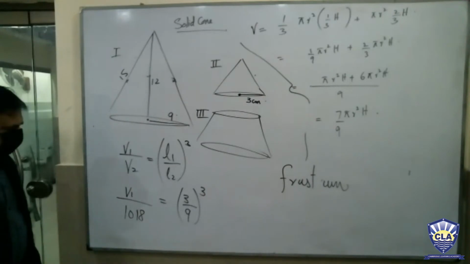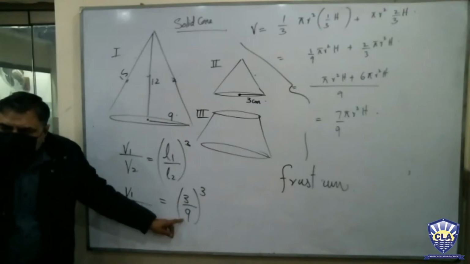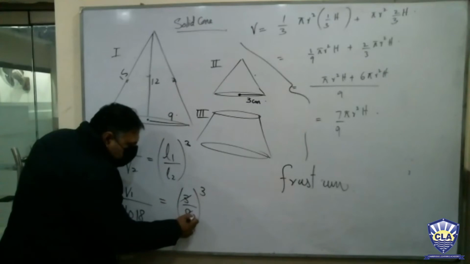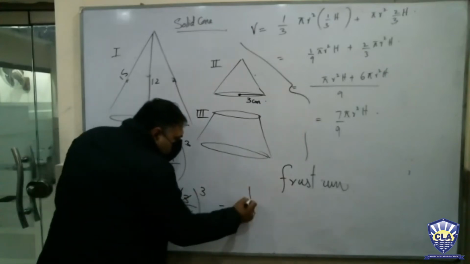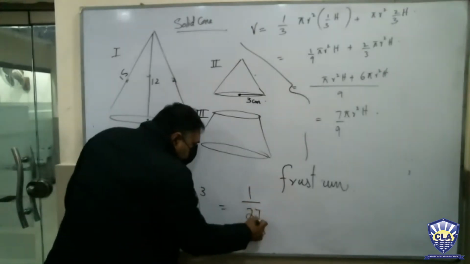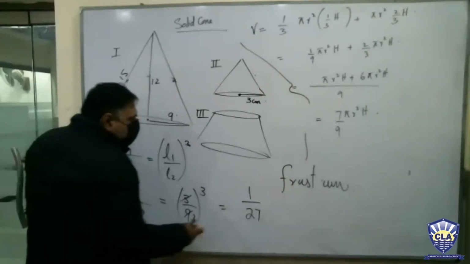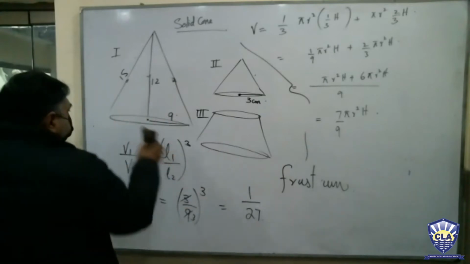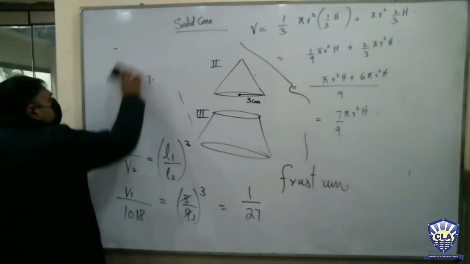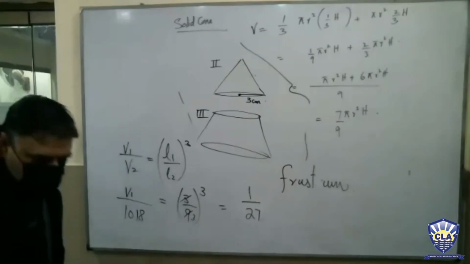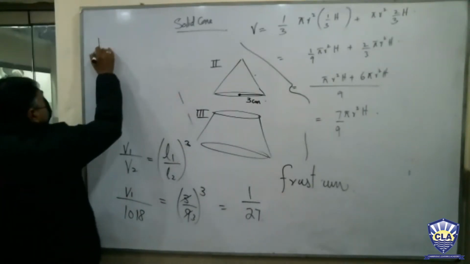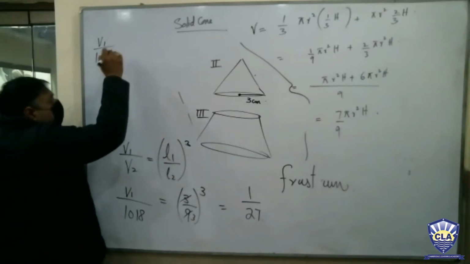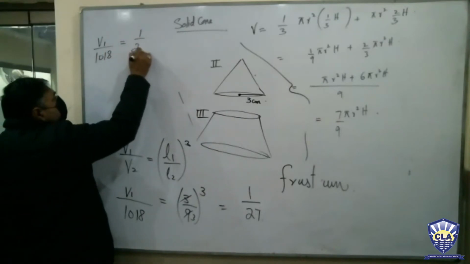So 3 over 9 cancels out to 1 over 3. 3 raised to 3 equals 1 over 27. So V1 over 1018 equals 1 over 27.